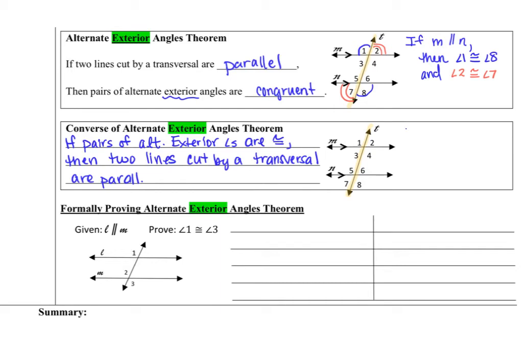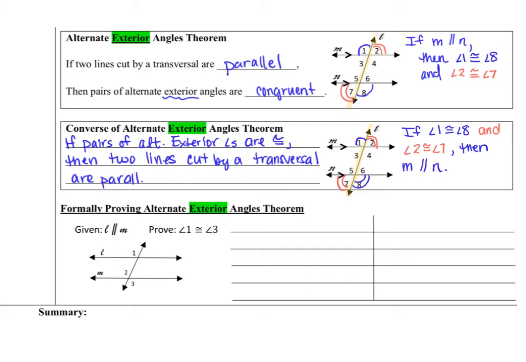If angle 1 is congruent to angle 8, and angle 2 is congruent to angle 7, if those angles are all congruent, then line M is parallel to line N.